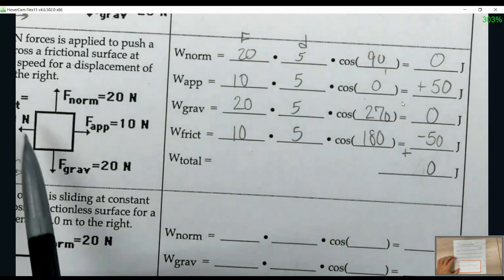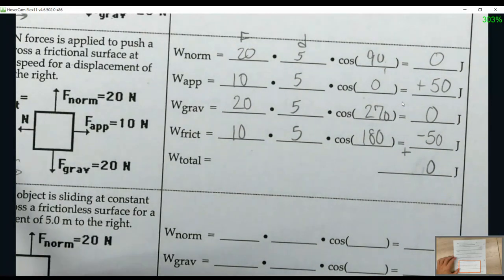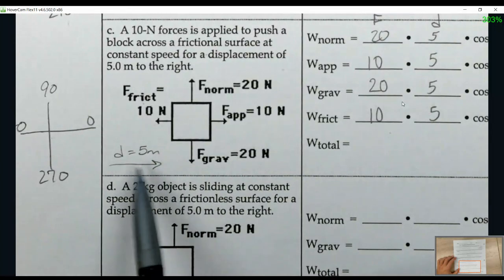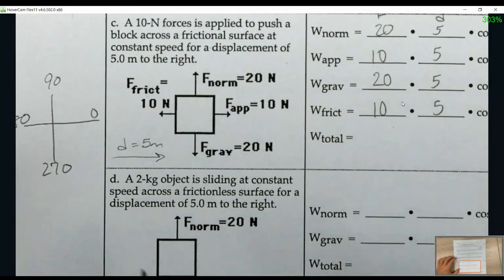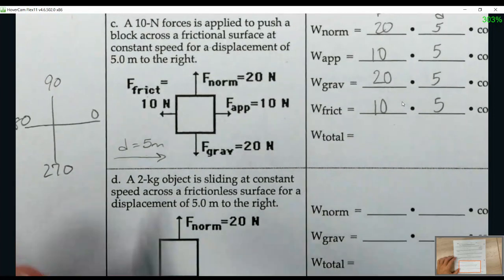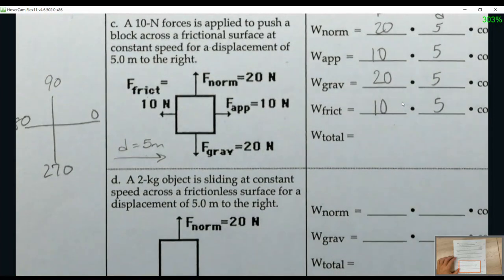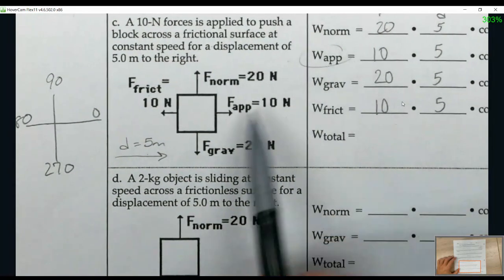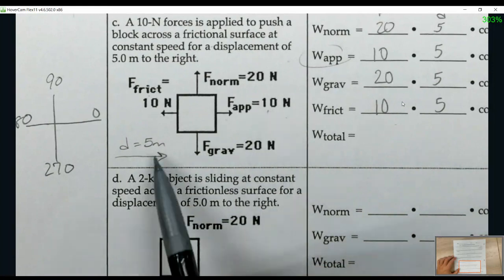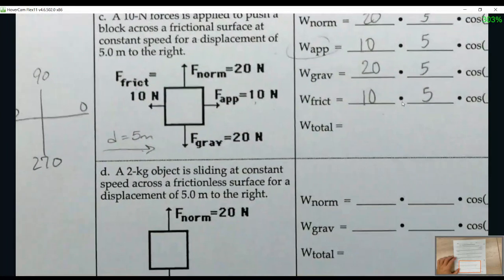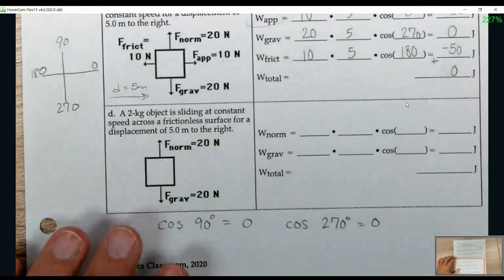Friction is going to the left and displacement is going to the right, so that's negative work done on the object. Applied force is going to the right, distance to the right, that's positive work done on the object. If we wanted to know just the work done on the object by the applied force, it would be 10 newtons times 5 times cosine of 0. In this case, they wanted the total work done, but that's how you do it.